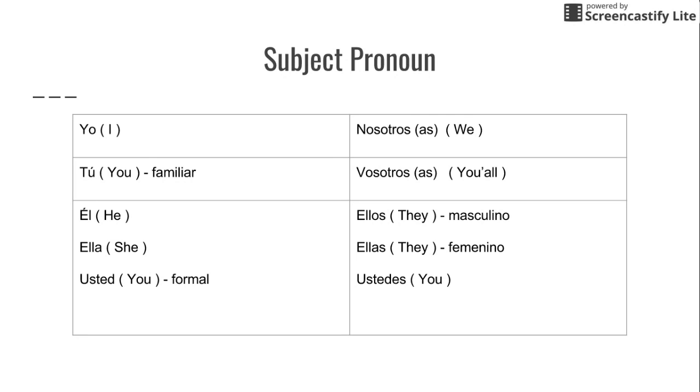So I is yo, you is tú, él, ella, usted, nosotros or nosotras if it's feminine, vosotros or vosotras, again if it's feminine, ellos, que es masculino, ellas, femenino, y ustedes. Remember that in Spanish we have two yous. We have the tú, which is familiar, and we have the ustedes, which is formal.